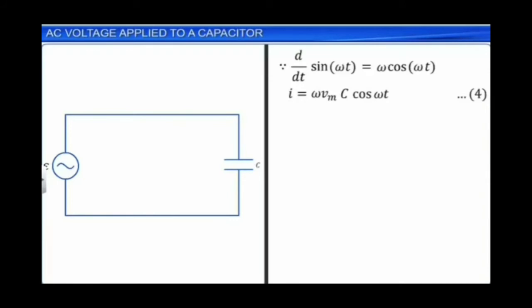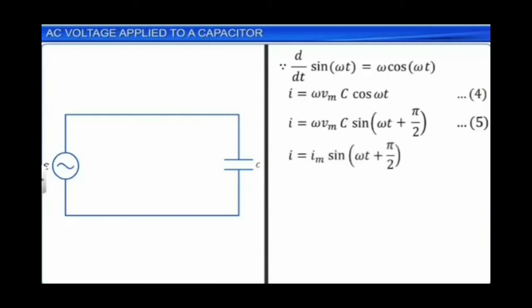Now, this equation can be rewritten as I = ω Vm C sin(ωt + π/2). That means cos ωt is replaced by sin(ωt + π/2). Again, we can write the constant term ω Vm C as Im, that is the amplitude of current.